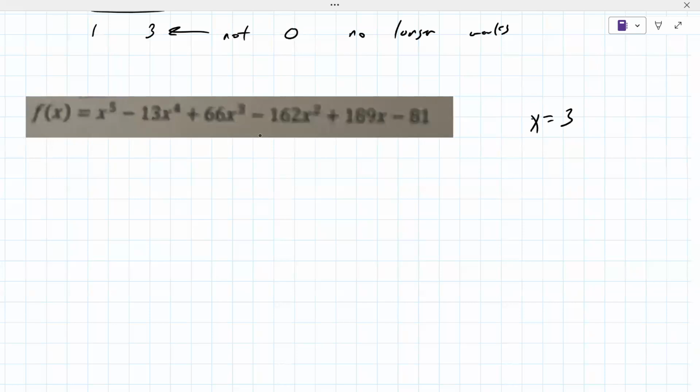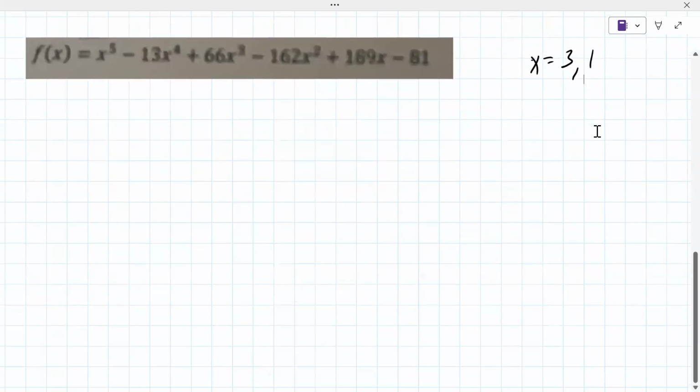I heard 3 and then 1. Okay. All right. Do you want me to just send you the picture of the answer key? Yeah, if you want. What I was trying to decide is whether we should try these or not. And we probably should. So let's just try them.